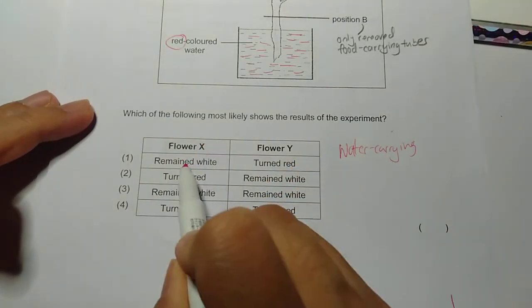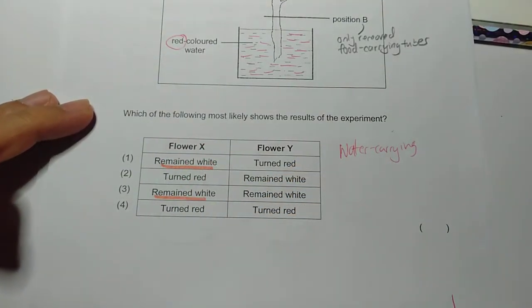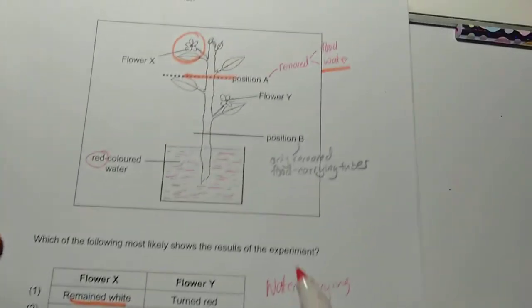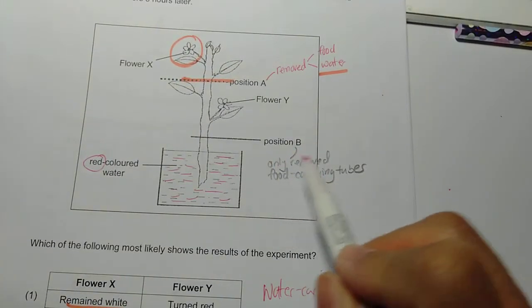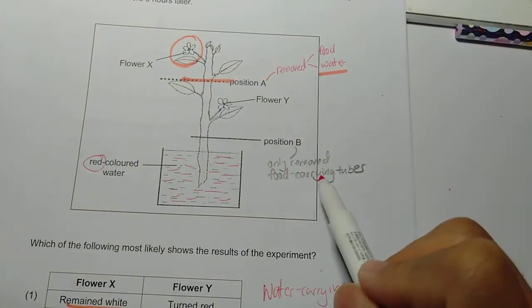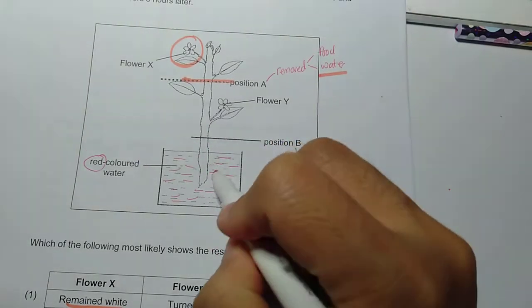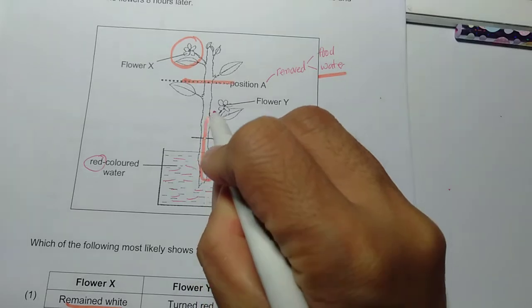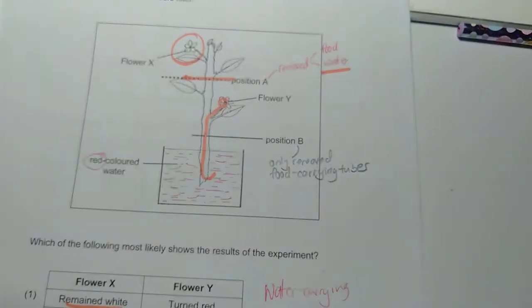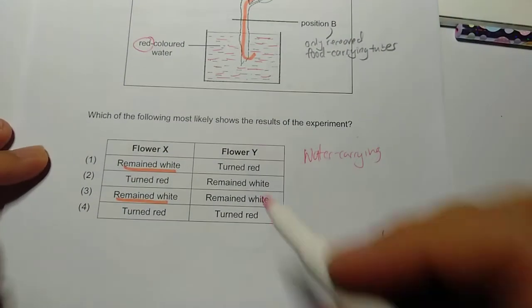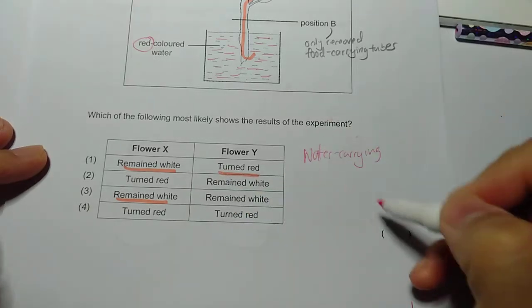If X is white, it's only either 1 or 3. Then next one, this part here, only food was removed, food carrying tube. So in other words, the water carrying tube remain to transport the water up to the flower to make it red. So flower Y will turn red. Answer is 1.